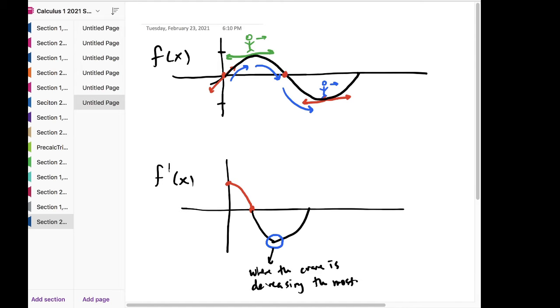Well, it's where the tangent line is most steep. So maybe that's right here, where the tangent line is most steep. Okay, so what happens when we finish the curve? Is the derivative positive or negative? Positive. Okay, any questions about that?